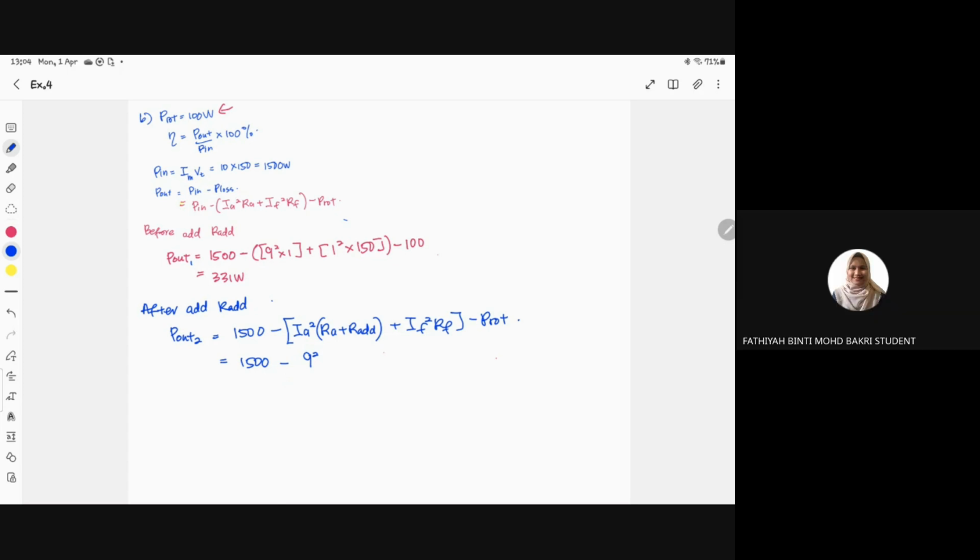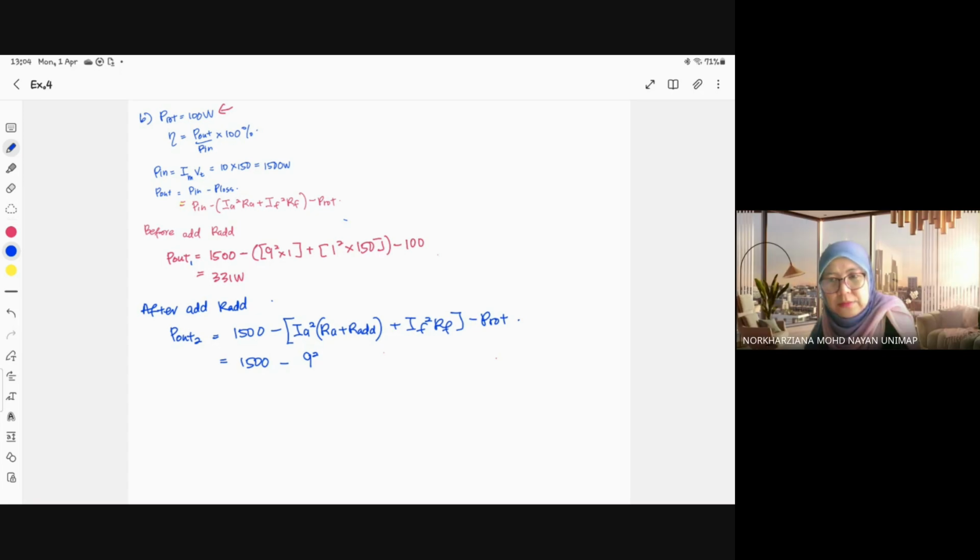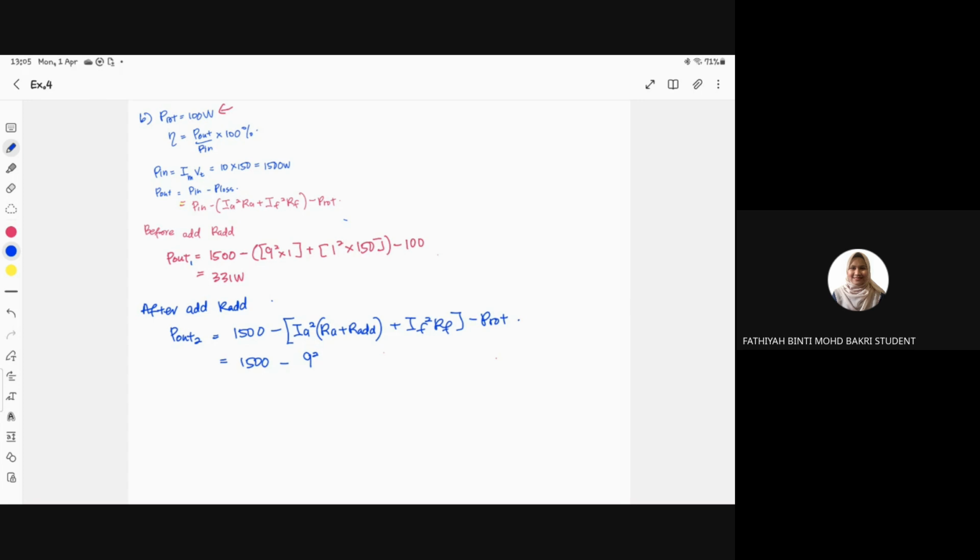Madam nak tanya. Ya? Yang before at RF tu kan, P out tu kan. P out ya. Kenapa saya dapat 1169? Bukan 1500 tolak 9 square, tolak 150, tolak minus 100 kan? Sama juga.